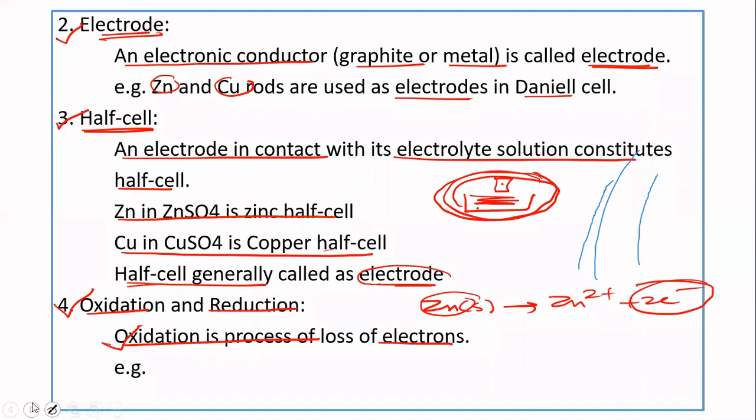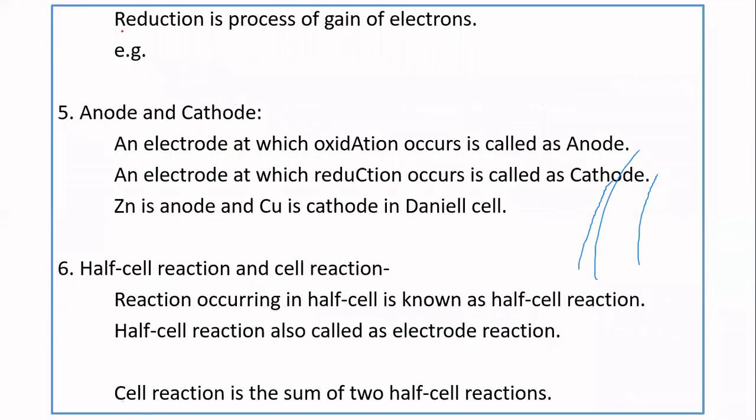And reduction is the process of gain of electrons. That means the copper 2 plus ions take the 2 electrons, it gives copper solid. So this copper has gained these 2 electrons, hence it has undergone the reduction process.